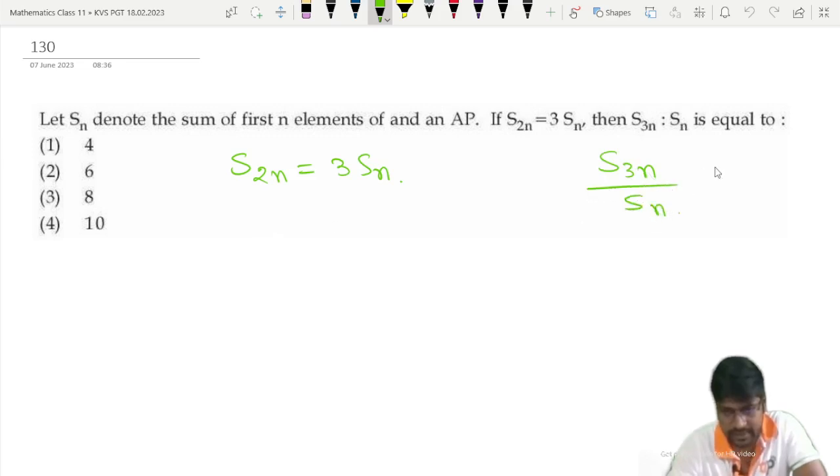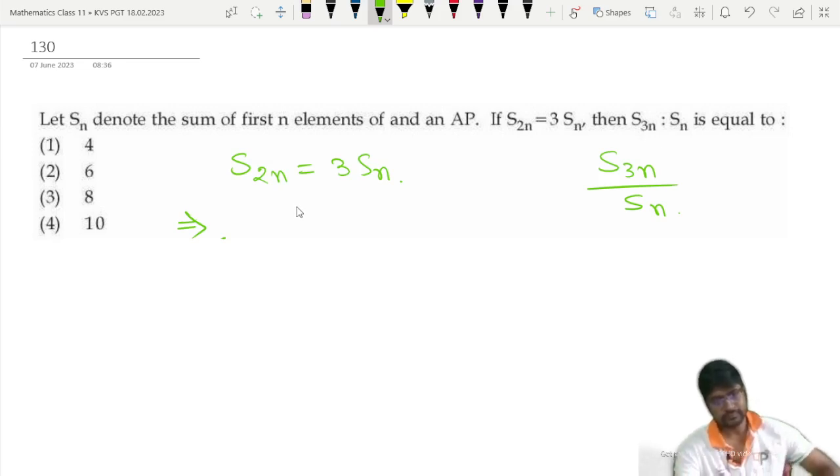This we have to find. So from the given condition, we can write S2n is equal to 3 into Sn.